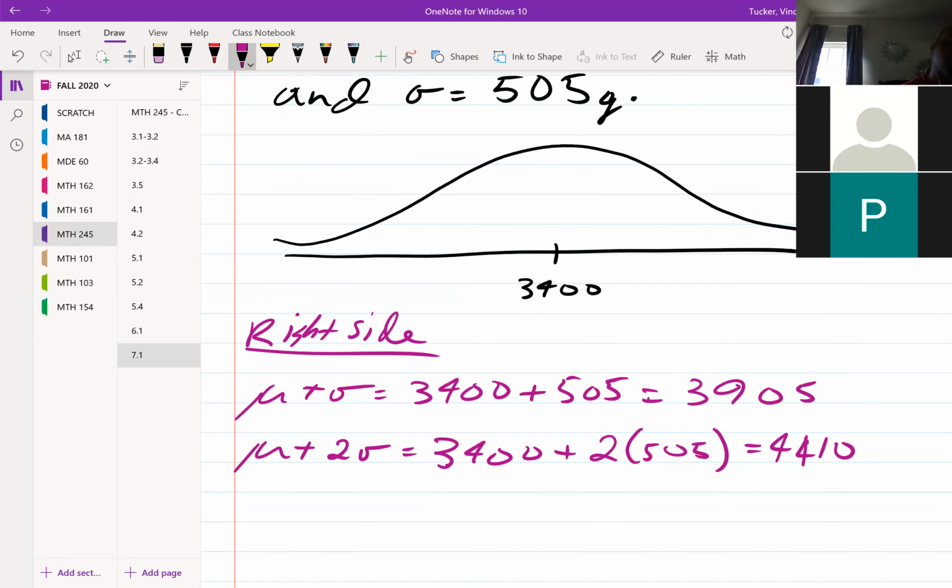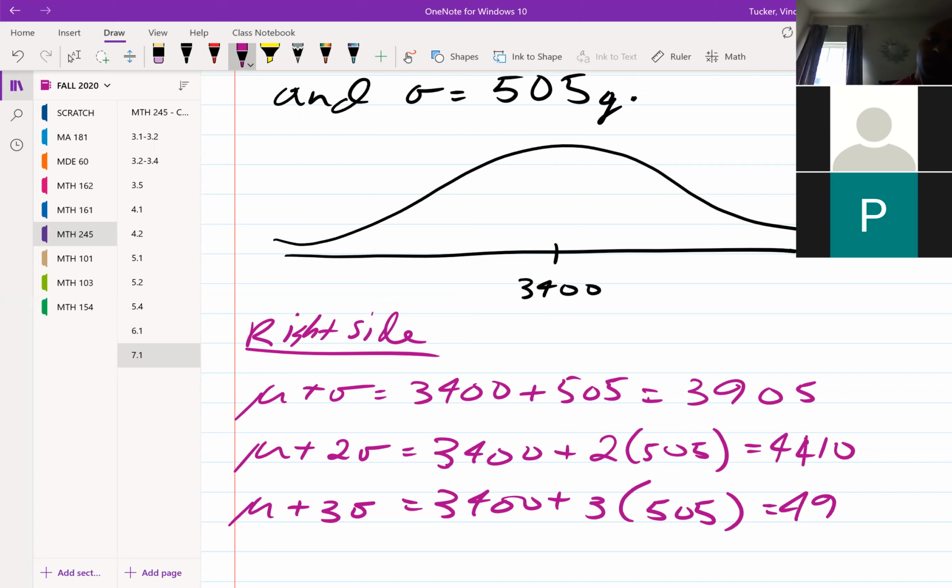Then add a third one. All right. Questions on that right side before we go to the left side? None at all. All right. So that's what would be over here.